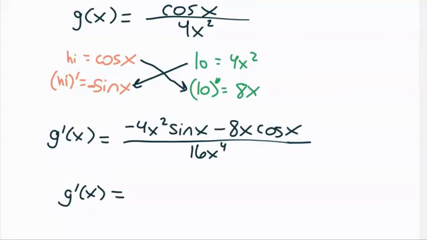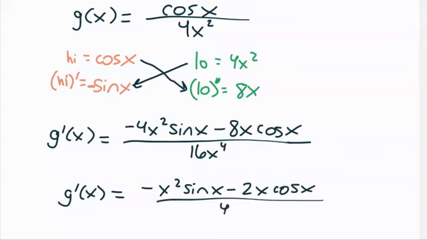So if you want to, you could simplify to negative x squared sine of x minus 2x cosine of x all over 4x to the 4th. And then you might also notice all of these have at least one extra x in them. Just to not do too much at once, I'll point it out back here and we'll simplify it after that.